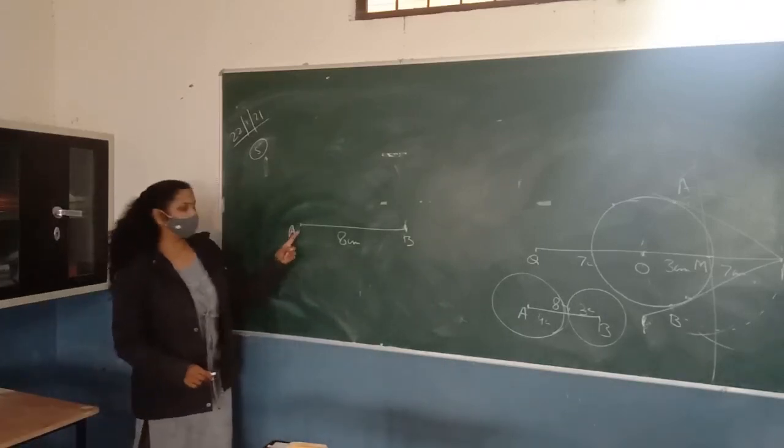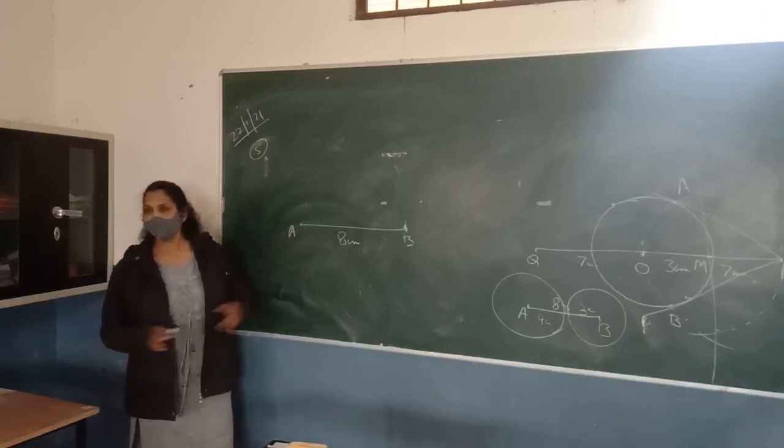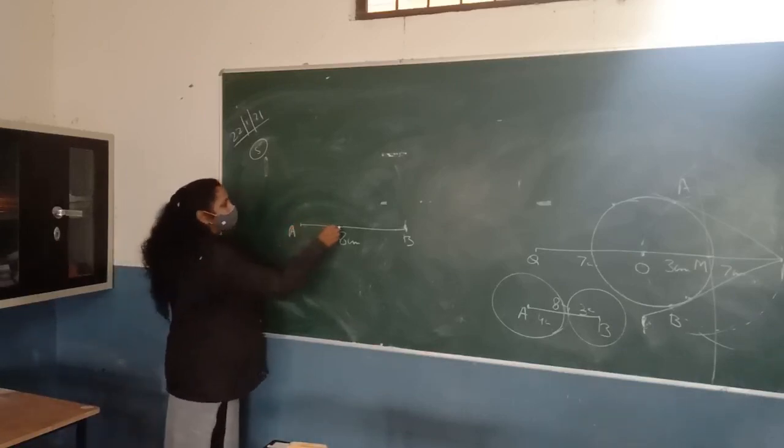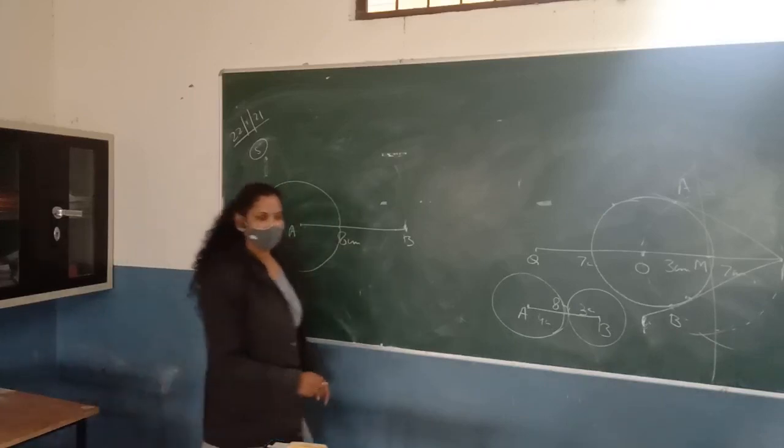Now from the center A, we have to draw the circle of radius 4 cm. So taking 4 cm as the radius, from the center A, draw the circle. This is a circle of radius 4 cm.